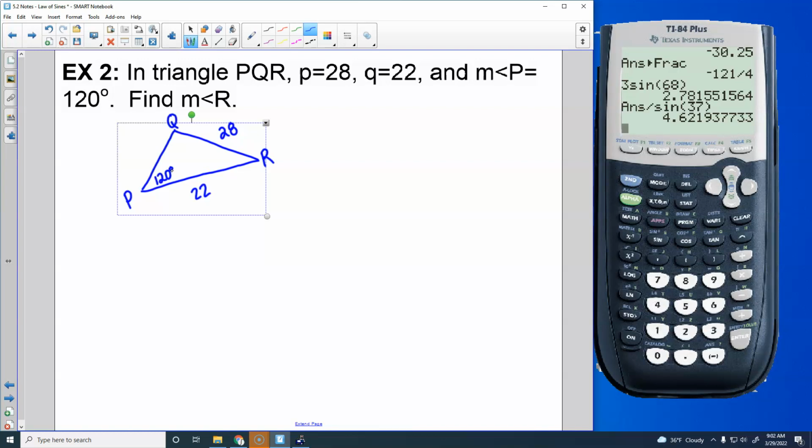But first, before we look at anything else, I need to see if I have angle side side. So there's definitely a chance of it because I've got two sides and an angle. Is my angle between the two sides? It is not. So I have angle side side. Watch out.